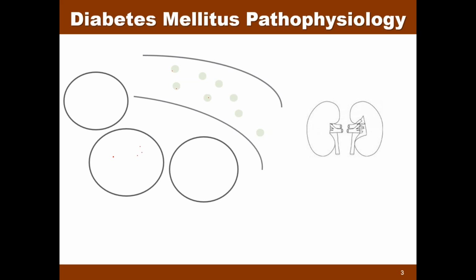So you always have to remember that patients with diabetes, because of the lack of insulin, are in a state of starvation. With the glucose in the blood vessel and unable to enter the cell, you're going to have hyperglycemia. With hyperglycemia, the effect is an increase in the osmotic pressure in the blood.